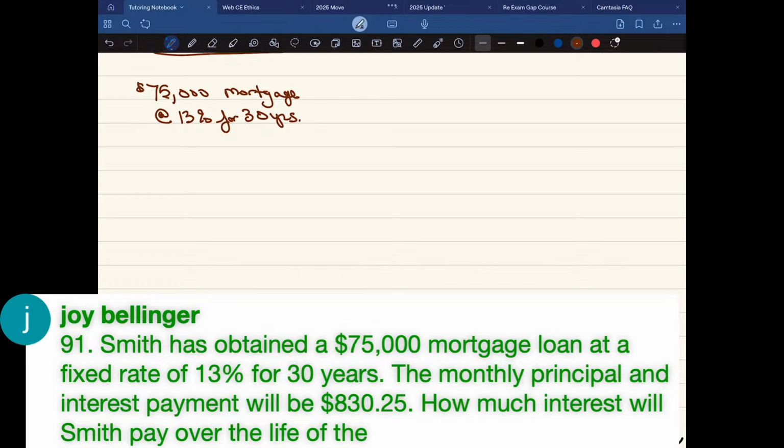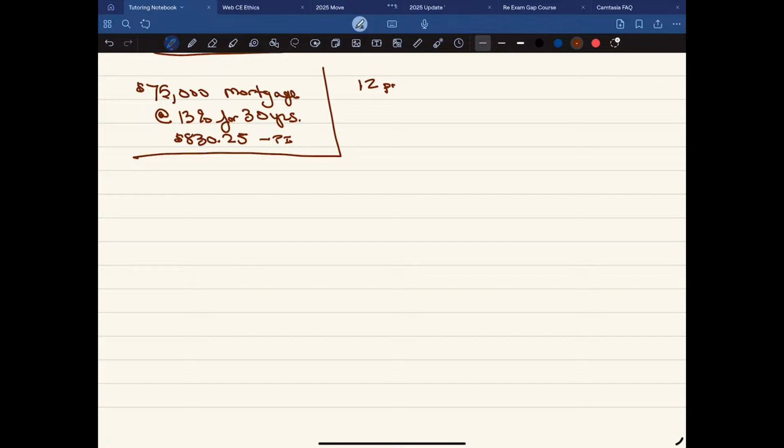For 30 years, and the monthly principal is 830.25. So what I know is that I'm going to make 12 payments in a year, and I'm going to do that for 30 years. So 12 times 30 is 360 total payments.